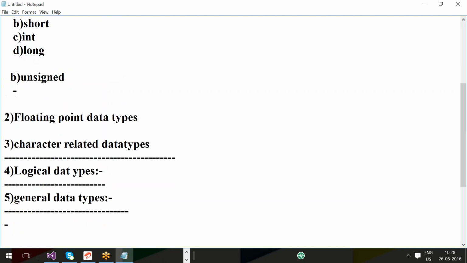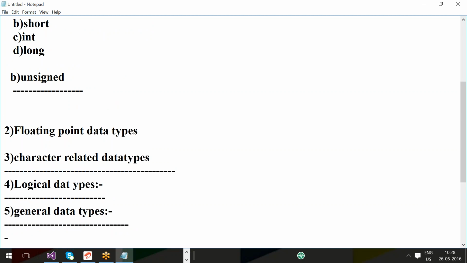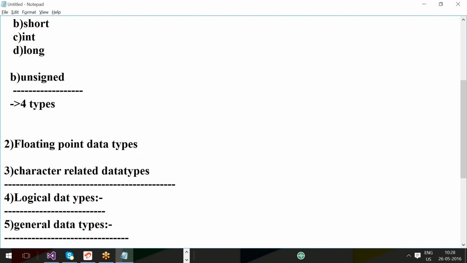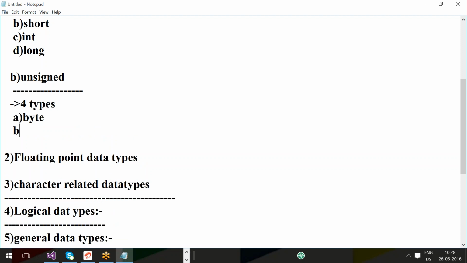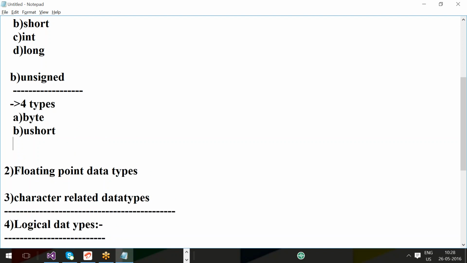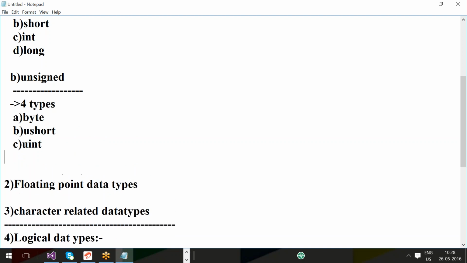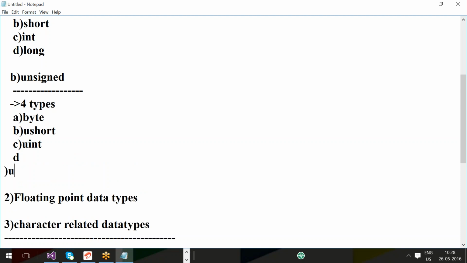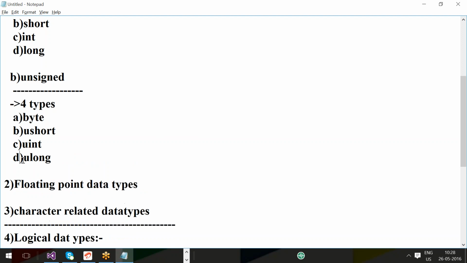Now, explain about unsigned. Unsigned data has only positive values. According to size, it is classified into 4 types: byte, ushort, uint, and ulong.